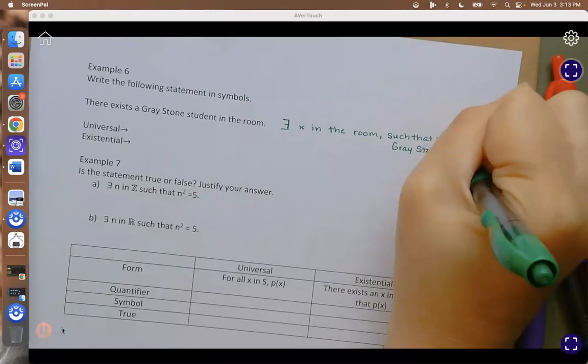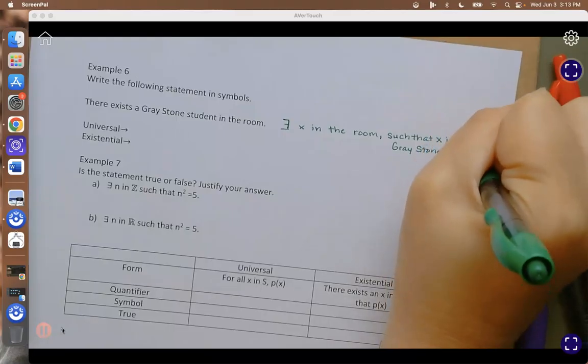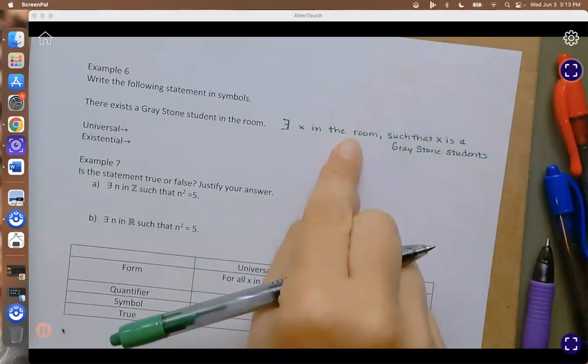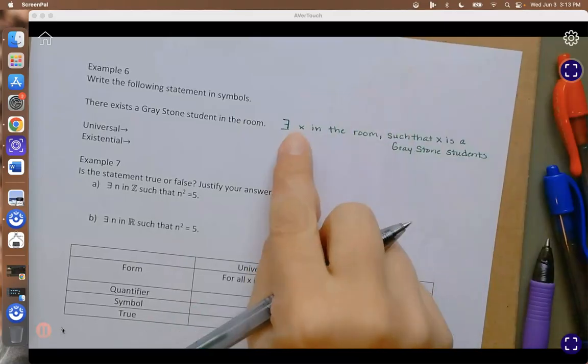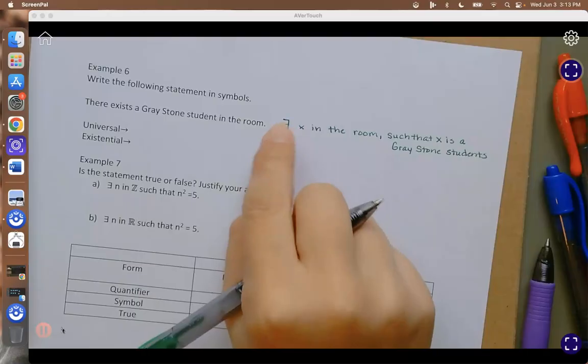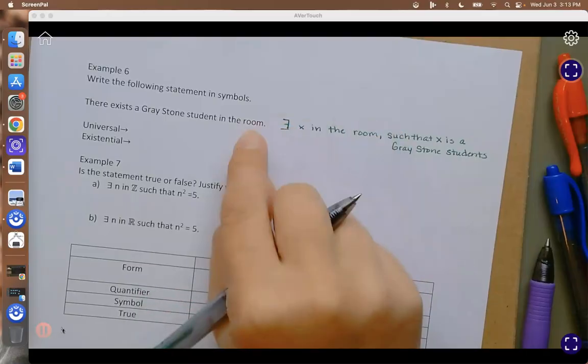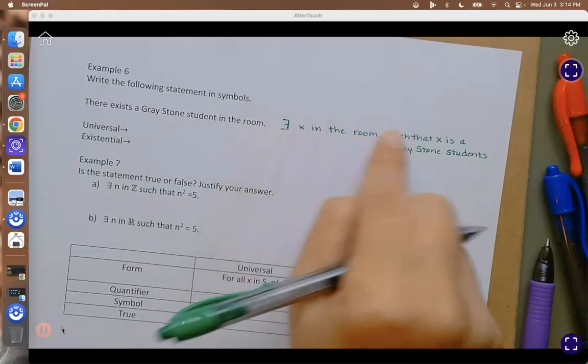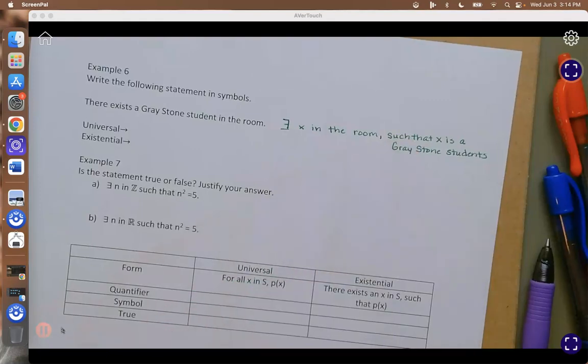And you're going to see that when you use there exist after the comma, you use such that. It's kind of like if and then. When you put if here, you put then here. When you put there exist here, you have such that here.